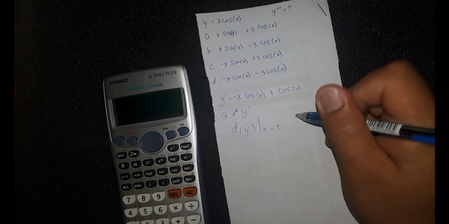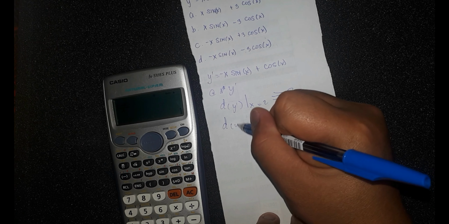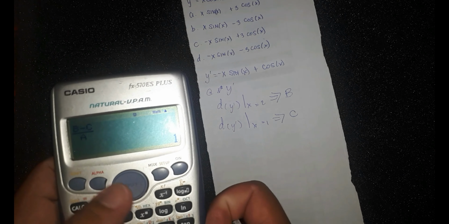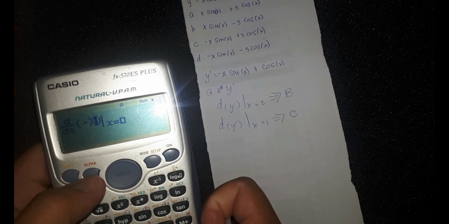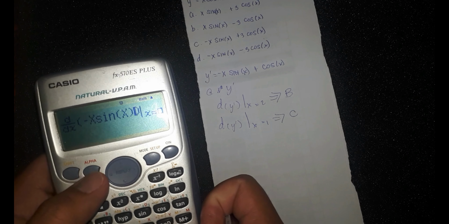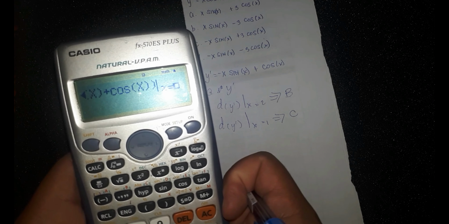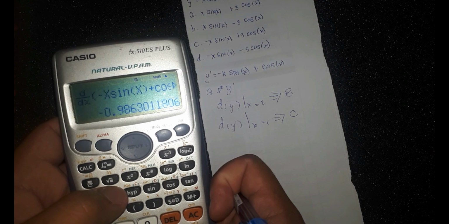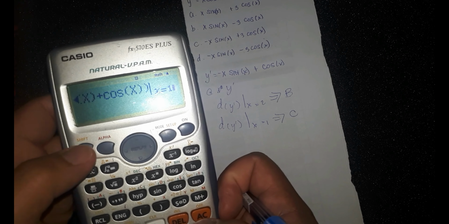X is equal to 2, store siya sa B. Derivative ng y prime at x is equal to 1, store siya sa C. So derivative ng negative x sine x plus cosine x at x is equal to 2, store siya sa B. Then at x is equal to 1, store siya sa C.